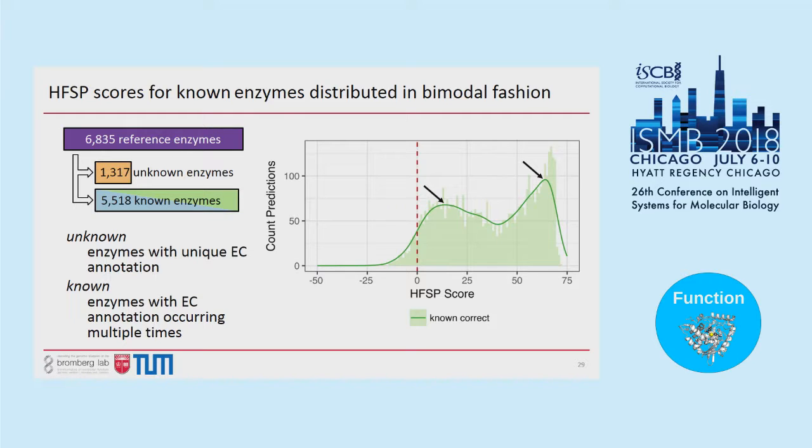My intuition would tell me that on the right side we are looking at enzymes with a very close homolog, and on the left peak we are looking at enzymes that have a homolog in the reference that is maybe a little bit more distant.